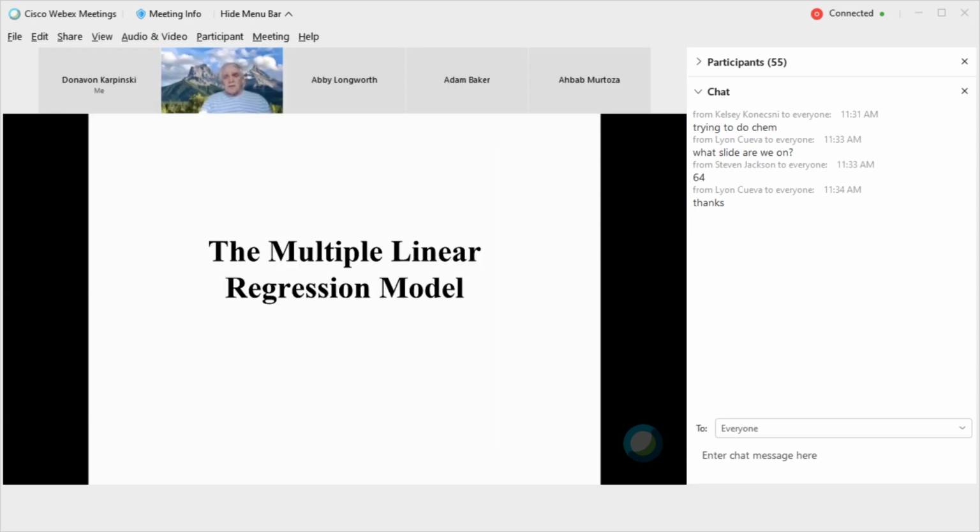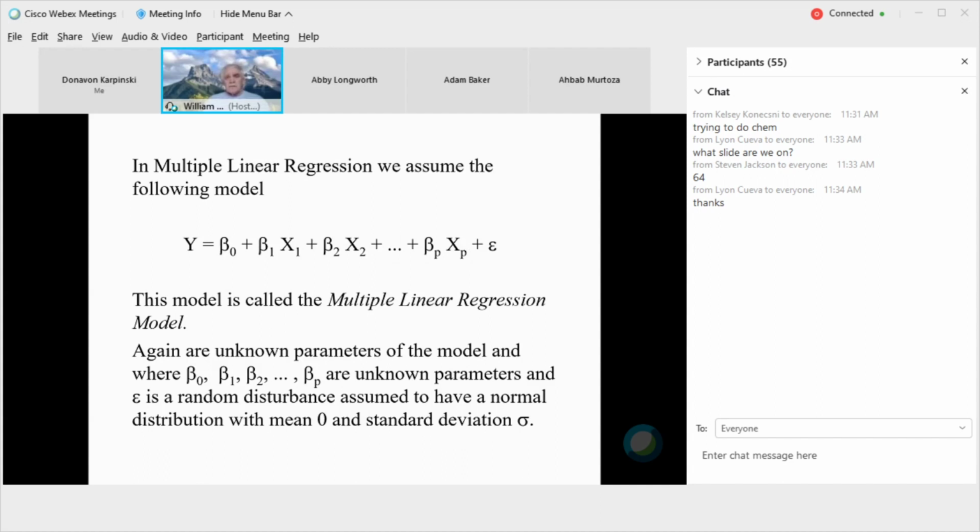The multiple linear regression model. It assumes that Y is linearly related to X1, X2 up to XP. The parameters beta 1, beta 2 up to beta P, and beta naught are unknown parameters.